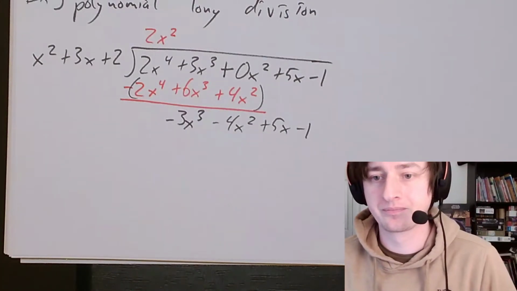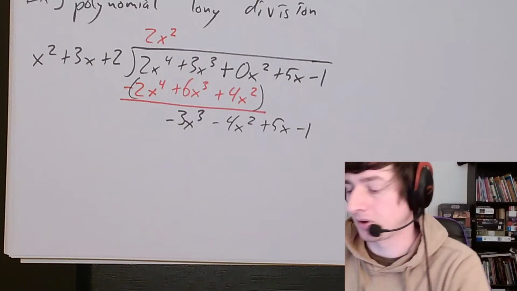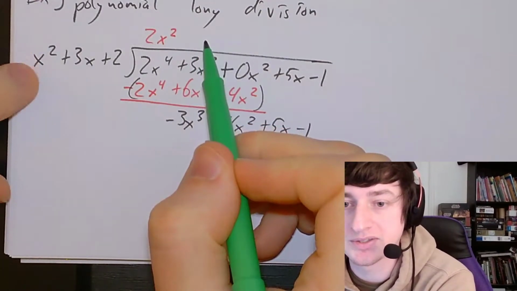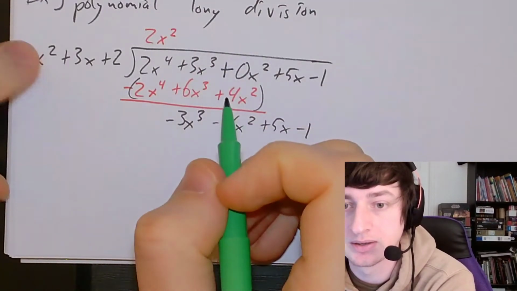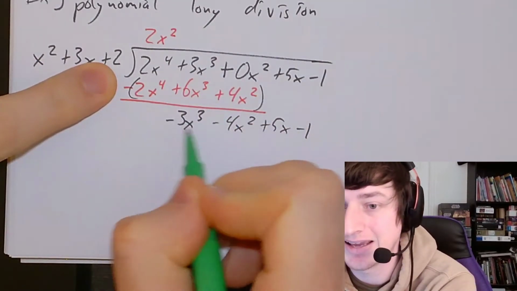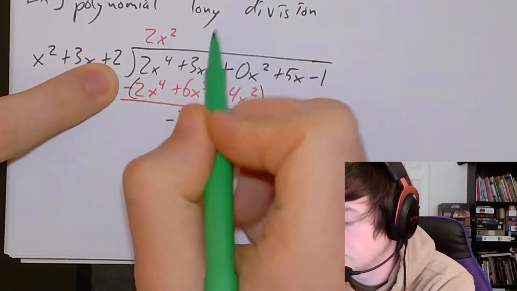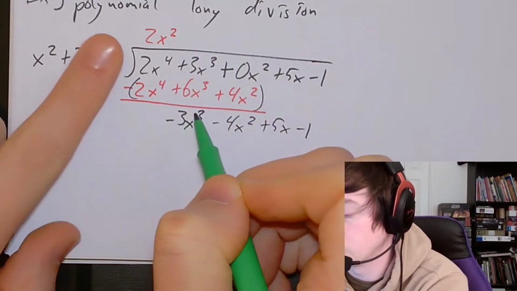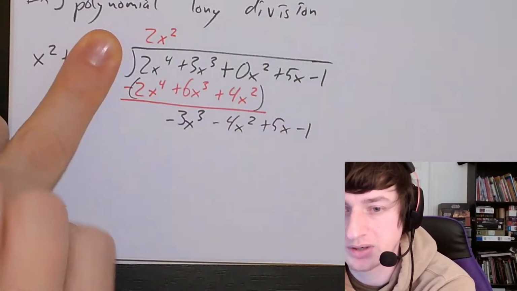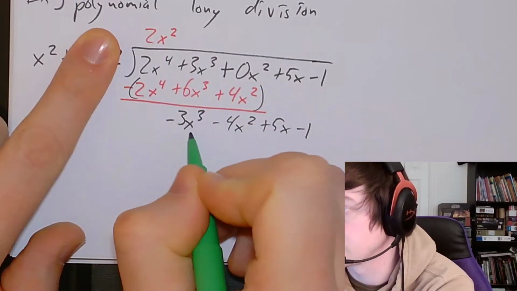Then our next term is going to be whatever multiplies by x squared plus 3x plus 2 to get this negative 3x cubed. So we're ignoring this part of the polynomial. And we say, okay, how can I make this x squared match this negative 3x cubed?